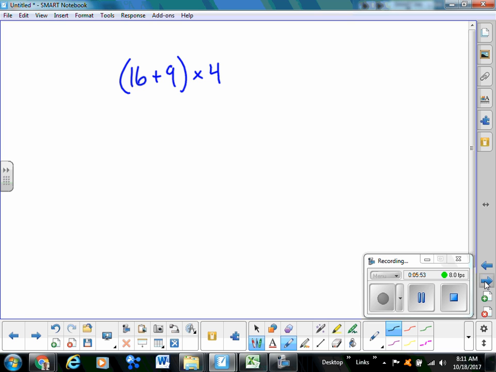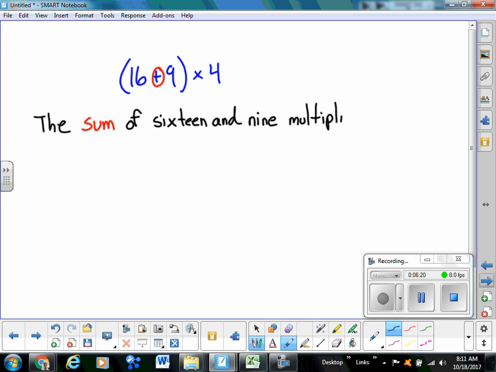So for this one, we're going to have the sum, and that means adding. So the sum of 16 and 9 multiplied by 4.